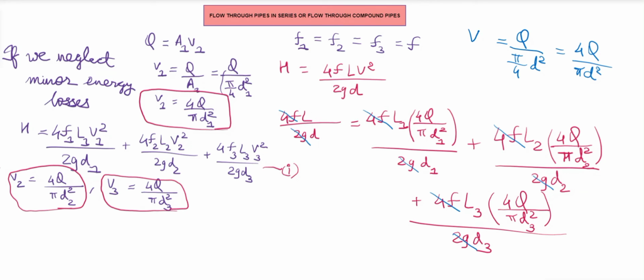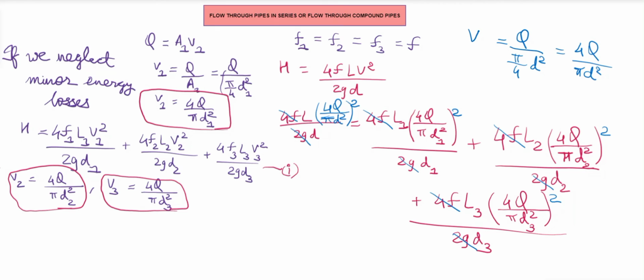That also will get cancelled. That is, we can cancel this 4Q upon pi because everywhere it is common. 4Q upon pi whole square will get cancelled because everywhere we are having the square.